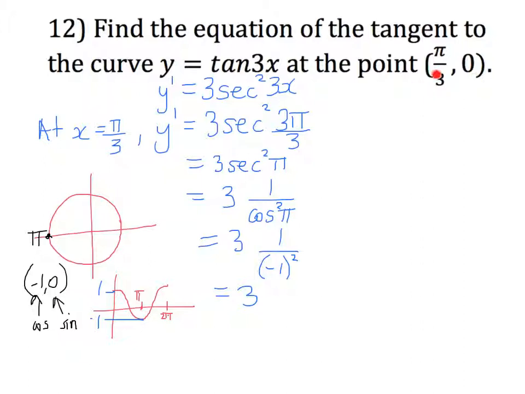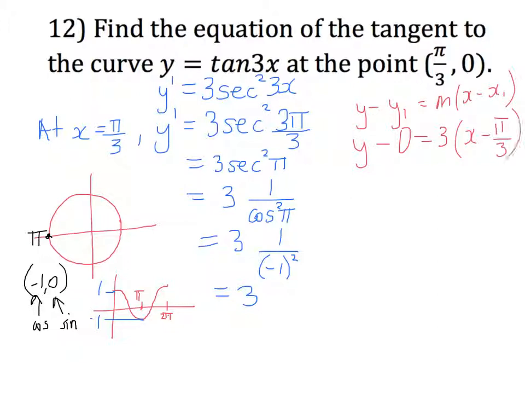So now we have our point and we have our gradient. So we're going to use the point gradient formula to find the equation of the tangent. So y minus y1 equals m outside of x minus x1. You might remember that is the formula. So we're going to have y minus y1, which is 0, equals m, which is our 3, outside of x minus, there's our x1, pi on 3.